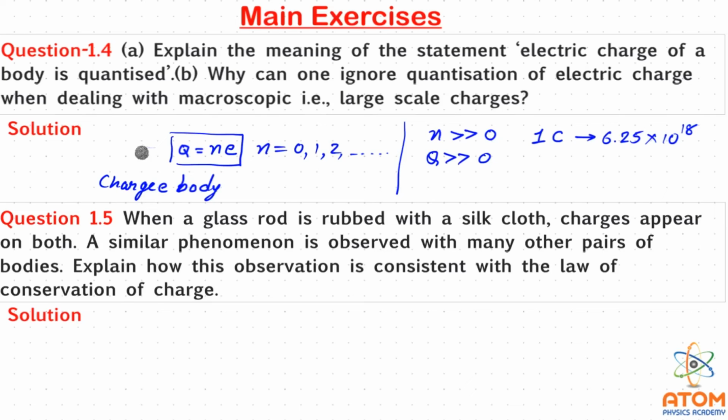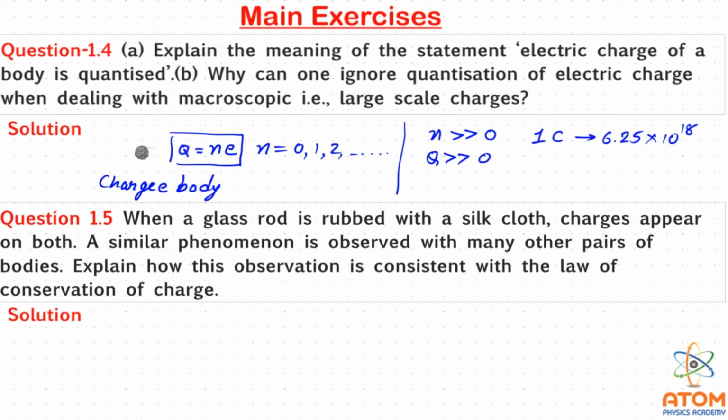If it is positive, then this many protons, and if it is negative, then this many electrons. So when the number is so large, quantization can be ignored, because you can get almost any amount of charge you ask. That's why in a macroscopic, large scale object, this quantization can be ignored.